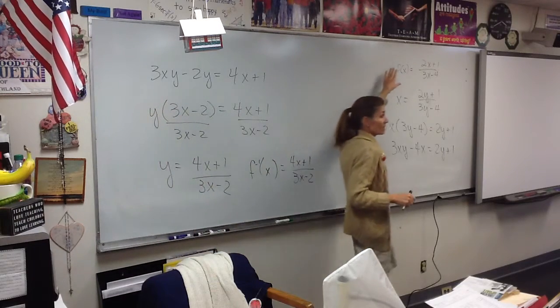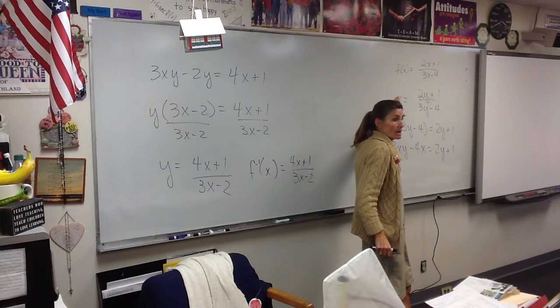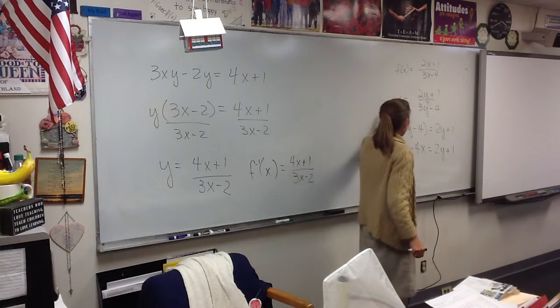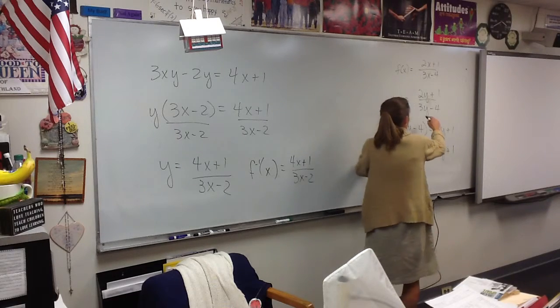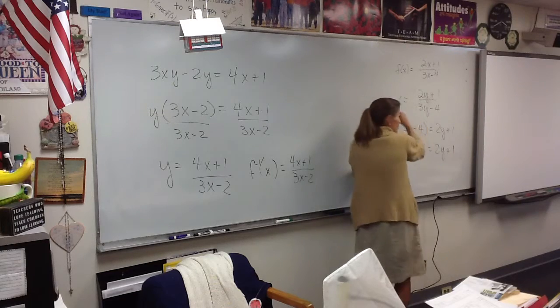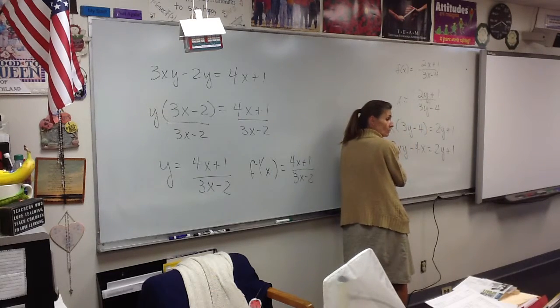Okay, what was the very first thing I did? I switched my variables. What was the second thing I did? How did I get this ball rolling? I took my denominator and multiplied it over to the other side, right? Then what did I do?